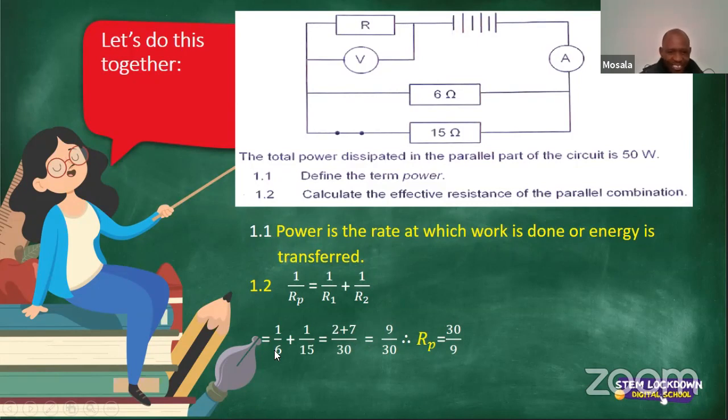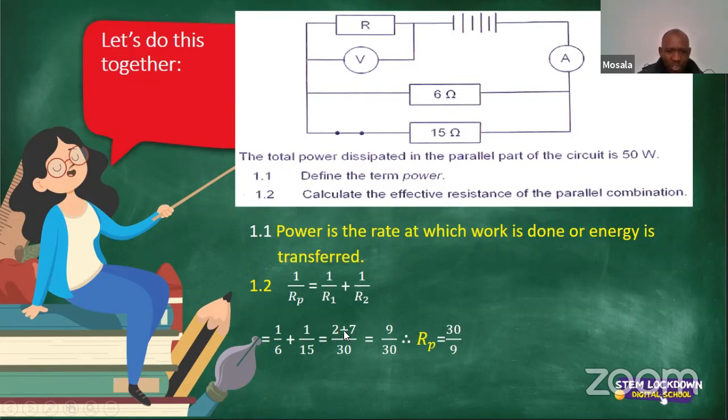So now, first, how many times does 6 go into 30? It will go 5 times, sorry. And then 15 goes how many times into 30? It will go twice.